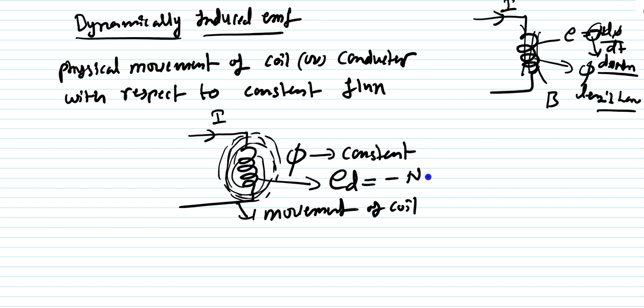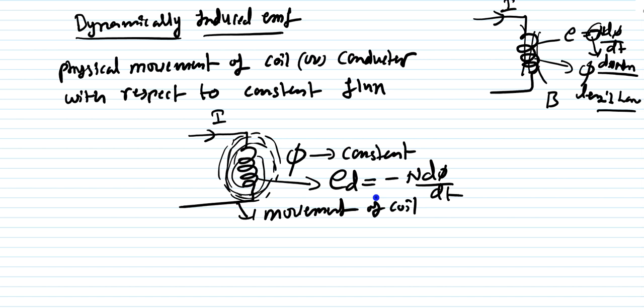It is shown as N d phi by dt, you can say. It means my flux is constant but my coil or conductors are given movement, there is relative motion between the flux and the conductor, therefore whatever EMF is induced is called dynamically induced EMF.